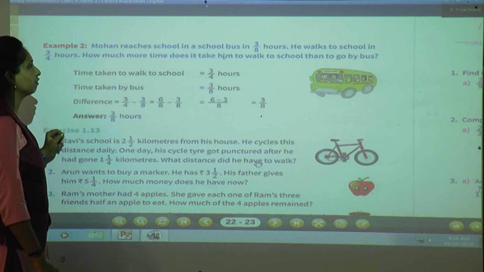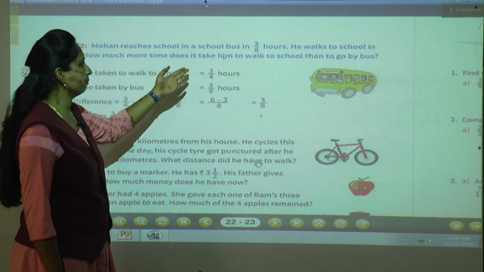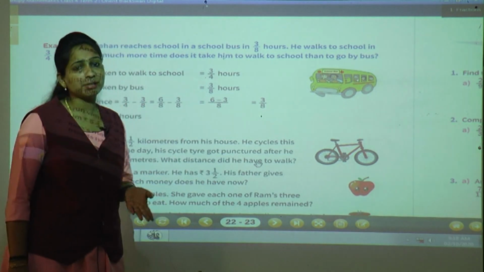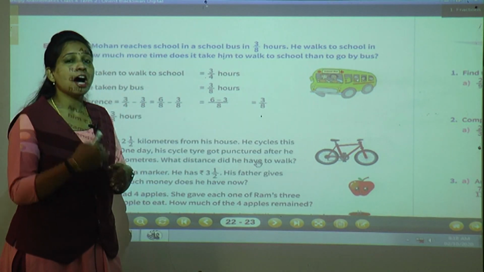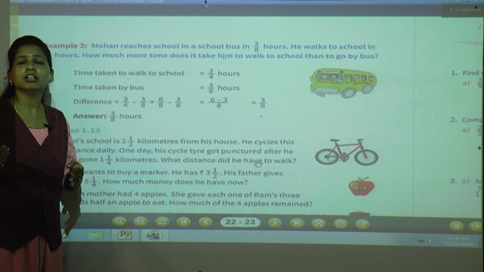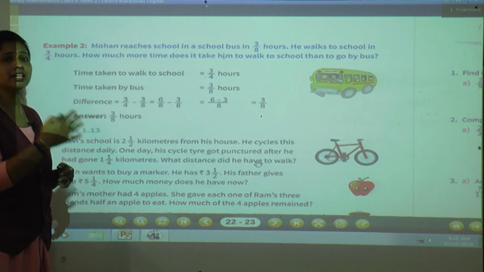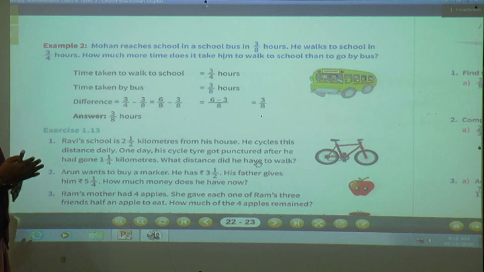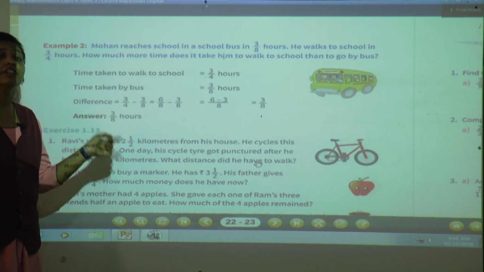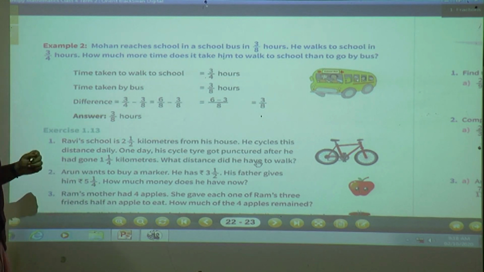So what we have to find out is how much more time does it take him to walk to school than to go by bus. So we have to compare how much time it takes for bus and for walking. What is the difference? So for this, students, we have to subtract, isn't it?